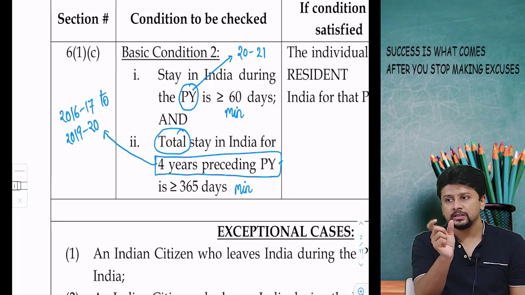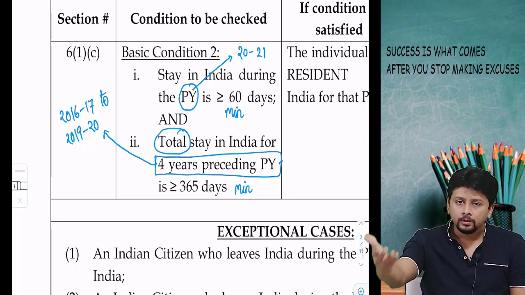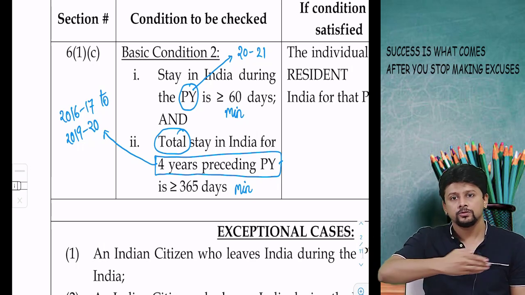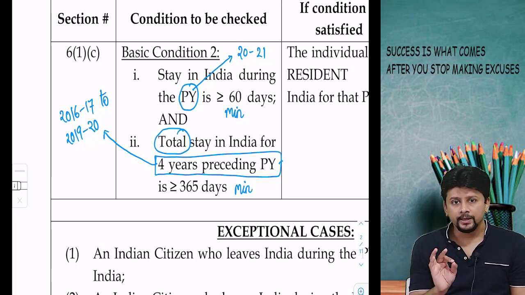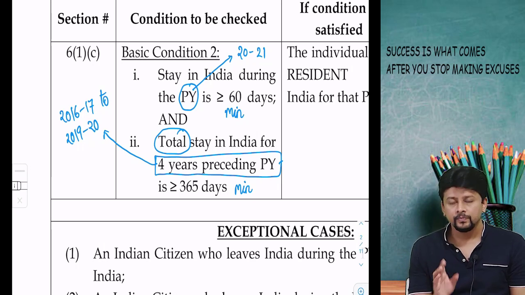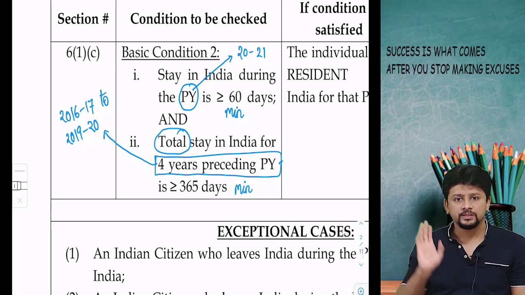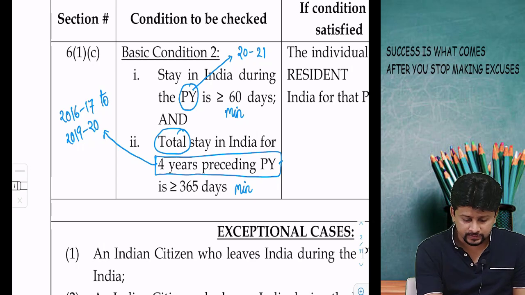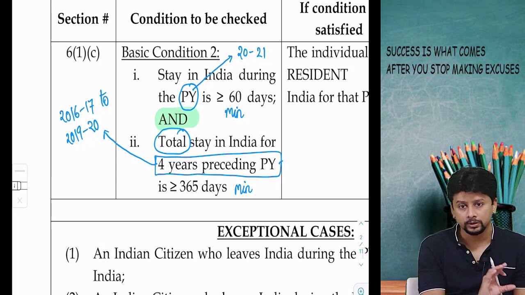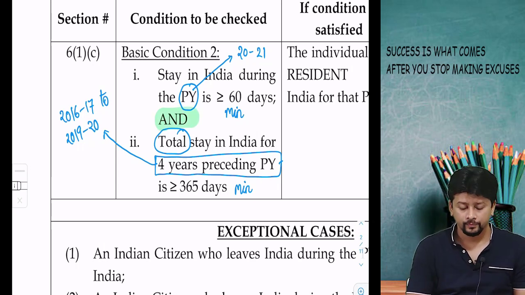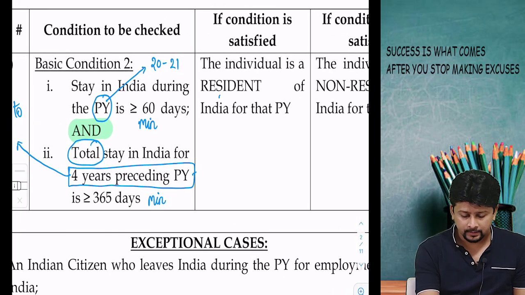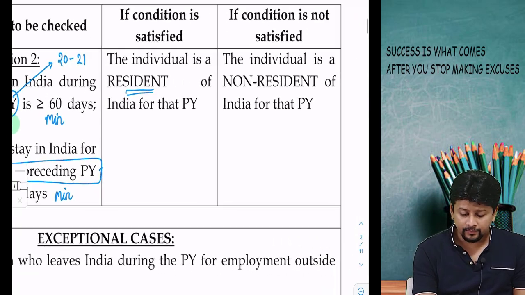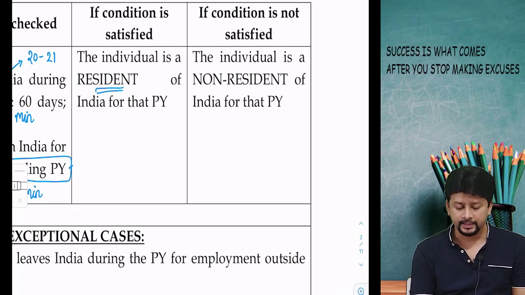You can achieve this number of days in 1 year, in 2 years, in bits and pieces over all 4 years, does not matter. Current year 2021 minimum 60 days and past 4 years minimum 365 days, and the word used is and, matlab you'll have to satisfy both 60 and 365 dono. If basic condition number 2 is satisfied, then you are a resident, and if basic condition 2 is also not satisfied, then you become a non-resident.